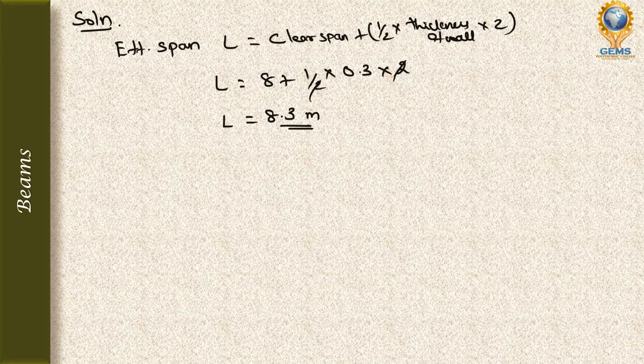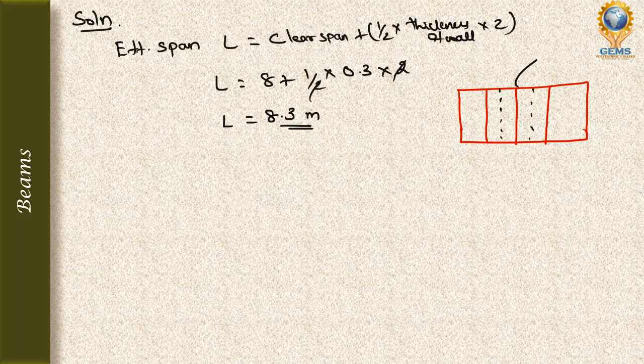Next, we have to find the total load that is acting on a joist. How can we find it in this diagram? Considering this joist, how will the load act on it? If we take the center to center distance on each side, any load acting on this area will go to this joist.